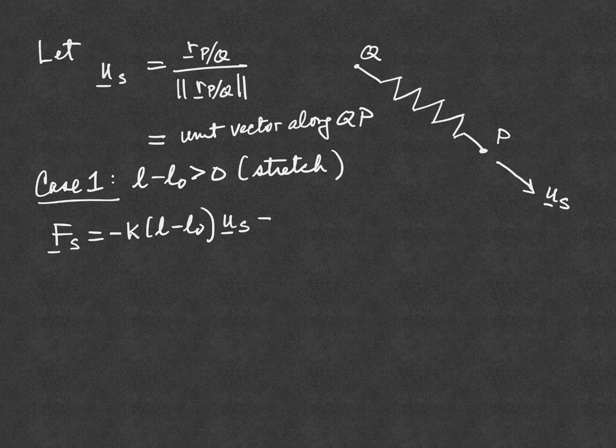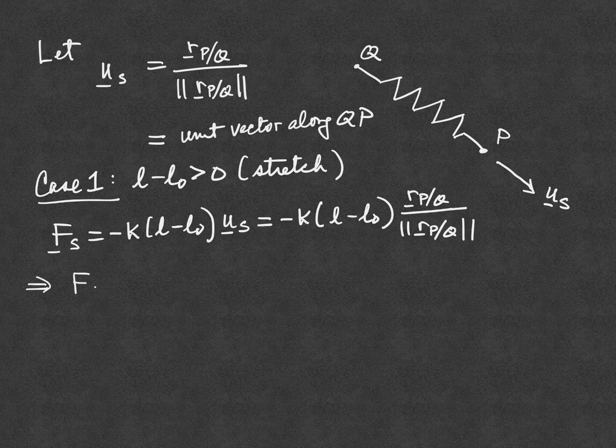But if I put this now in terms of the position of P relative to Q, I get minus K times L minus L0 times the position of P relative to Q divided by the magnitude of the position of P relative to Q. Now, to be complete about this, we can write this purely in terms of the position of P relative to Q, because L itself is equal to the magnitude of the position of P relative to Q. That's the length of the spring.